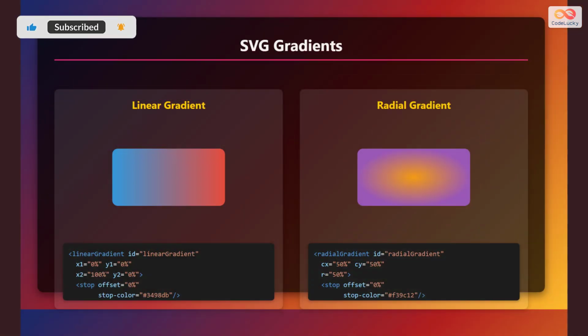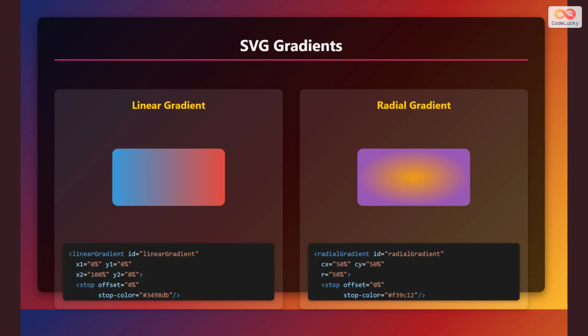SVG gradients can add visual interest and depth to your graphics. There are two main types of gradients: linear gradients and radial gradients. A linear gradient transitions colors along a straight line. You define the gradient using the linearGradient element, specifying the start and end points with the x1, y1, x2, and y2 attributes.